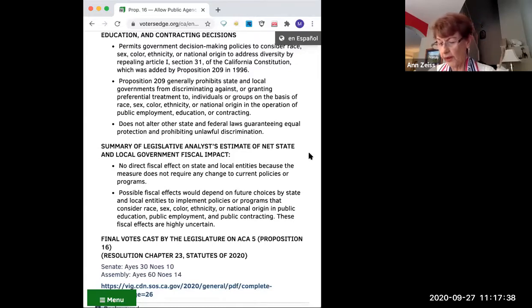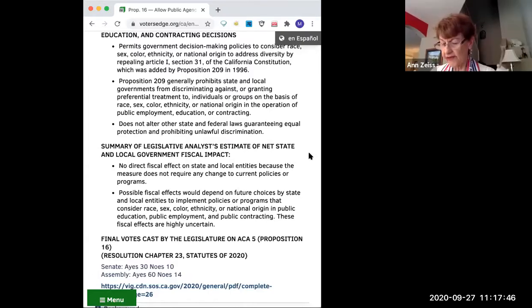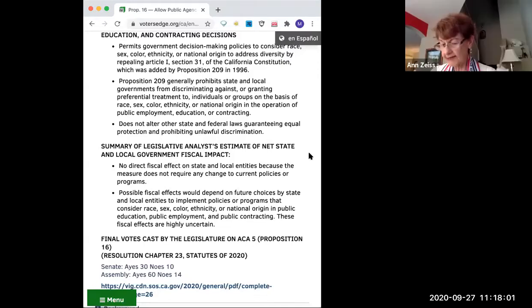Opponents say approval of Prop 16 would be a step backward, introducing a new form of discrimination to favor politicians' favorites. Prop 16 will require costly bureaucracies to enforce its provisions, burdening taxpayers.